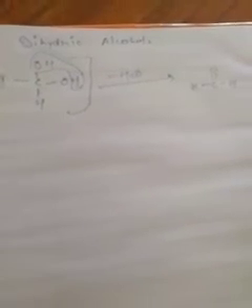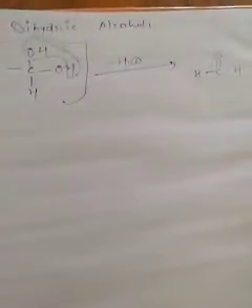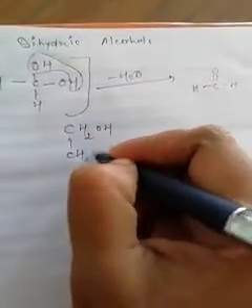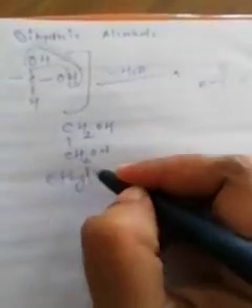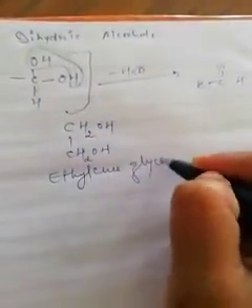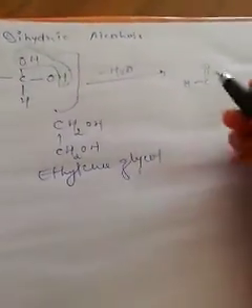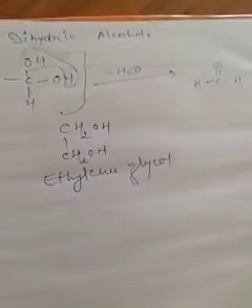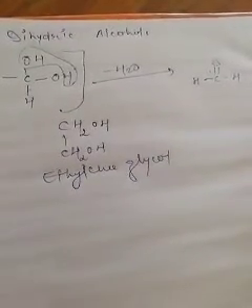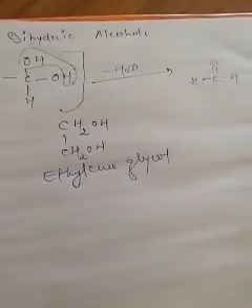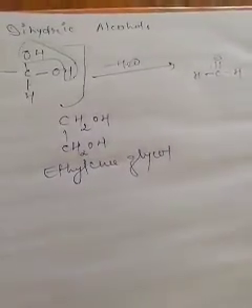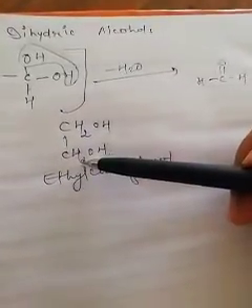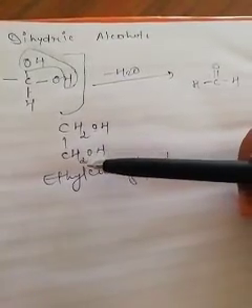Now, dihydric alcohols are also called glycols. The basic dihydric alcohol is this one, and it is called ethylene glycol. Depending upon the position of the OH groups, the glycols are classified as alpha, beta, gamma, delta, etc. Here the OH groups are present on the first carbon and second carbon, so it is a 1,2 glycol, and a 1,2 glycol is called an alpha glycol.